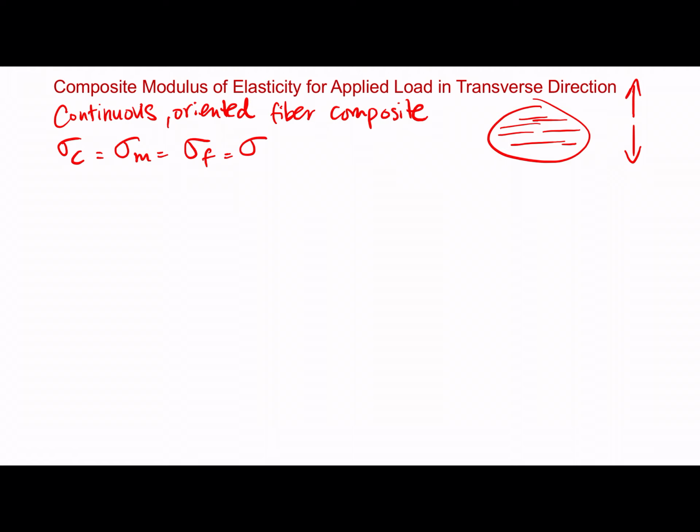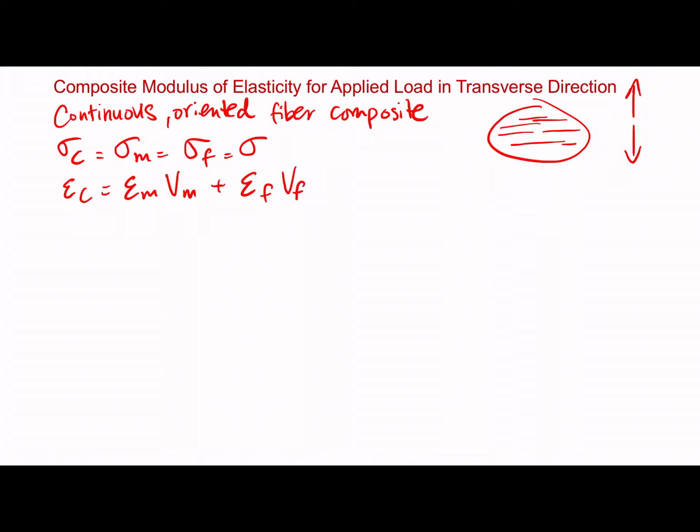And so now we can consider this isostress state and also write the strain of the composite is just the strain of the matrix times the volume fraction of the matrix in the composite plus the strain in the fibers times the volume fraction of the fiber.